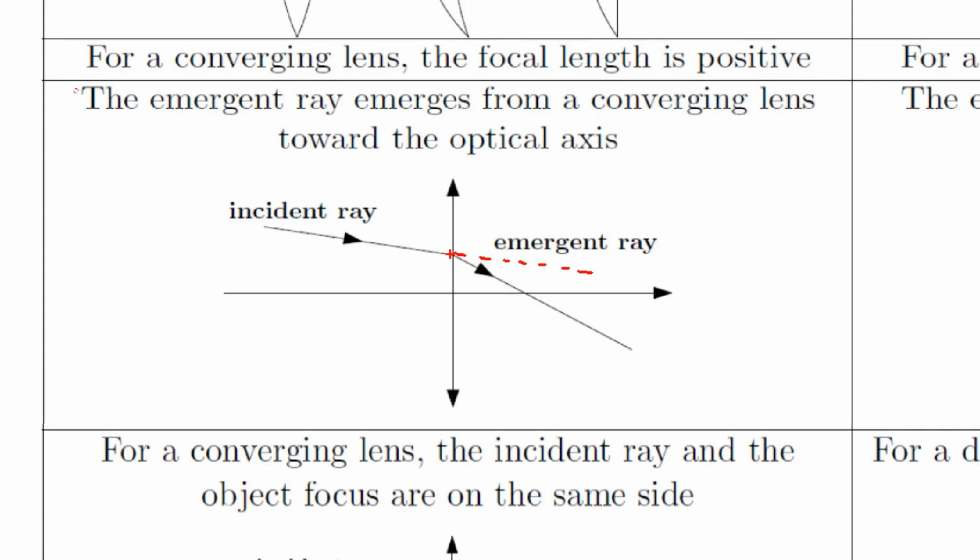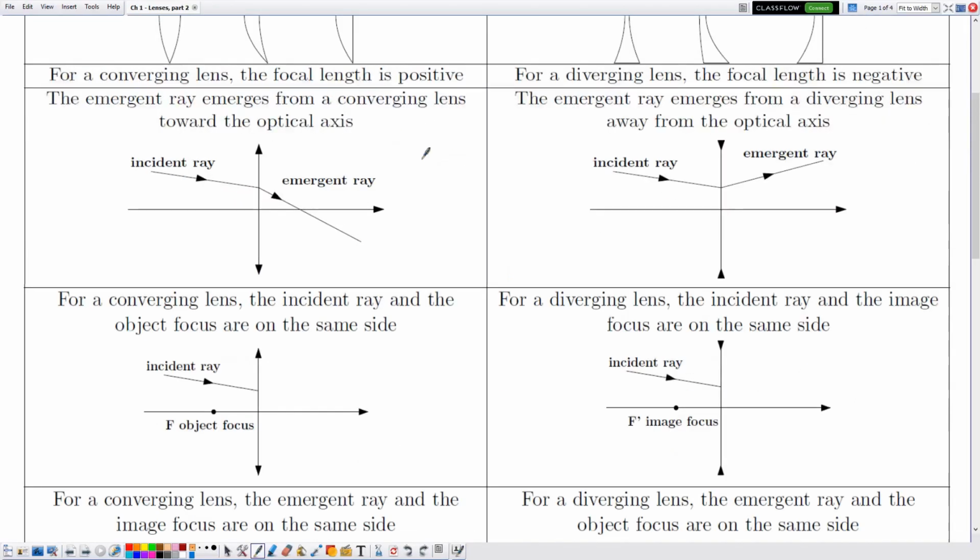Whenever the emergent ray emerges toward the optical axis, this means that the used lens L is a converging lens. Notice that here the direction of propagation of light is not indicated, but from the arrows we can know that the direction of propagation of light is from left to right. Therefore the emergent ray emerges from a converging lens toward the optical axis.